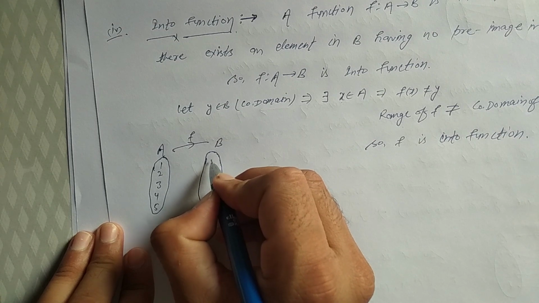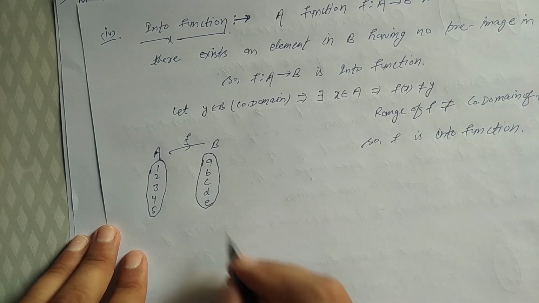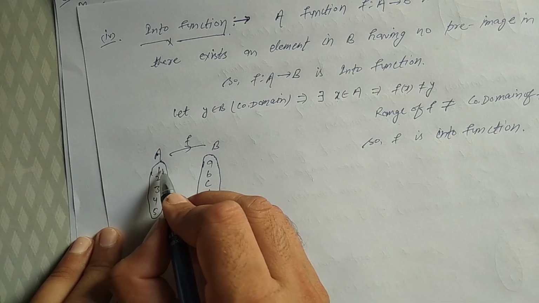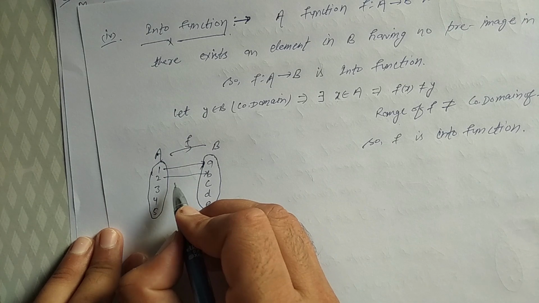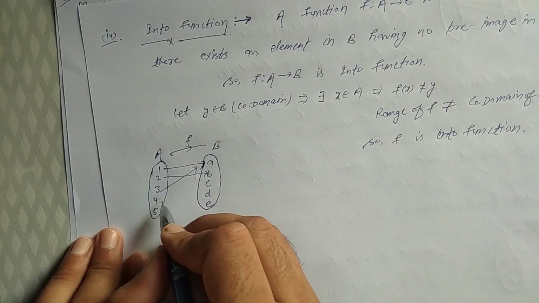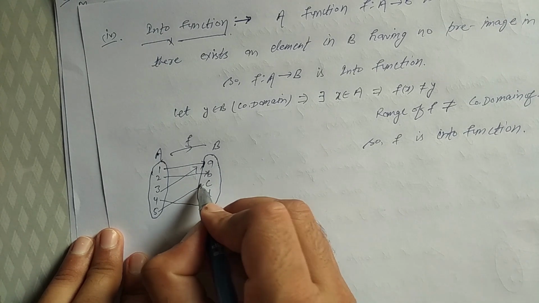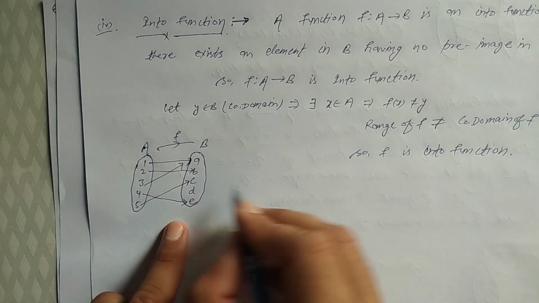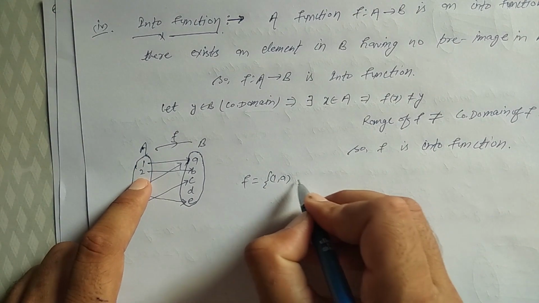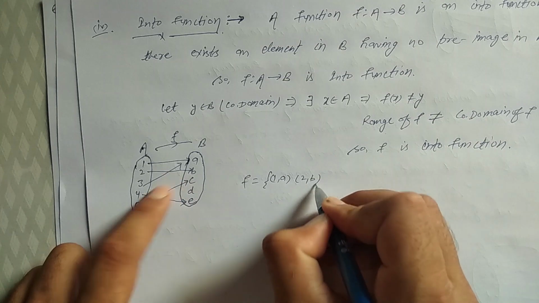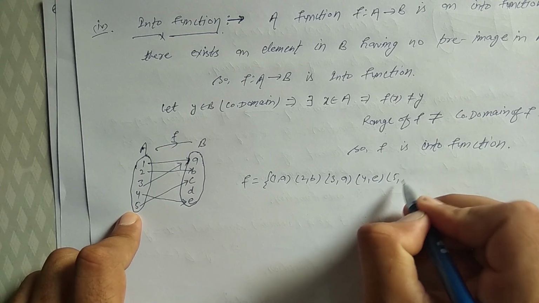Elements of set B: A, B, C, D, E. Image of element 1 is A. Image of element 2 is B. Image of element 3 is A. Image of element 4 is A. Image of element 5 is C. Ordered pairs: f is equal to (1,A), (2,B), (3,A), (4,A), (5,C).